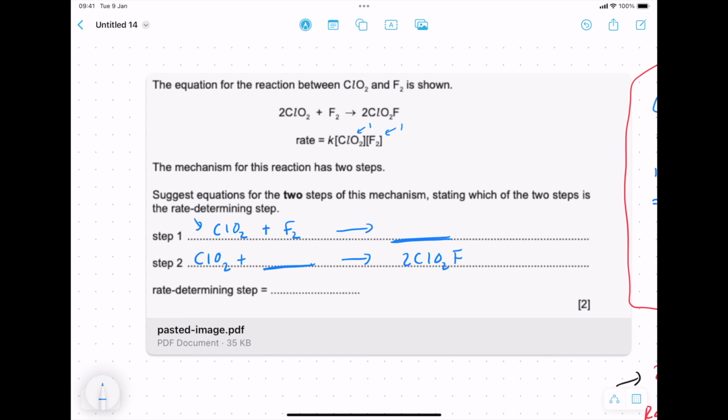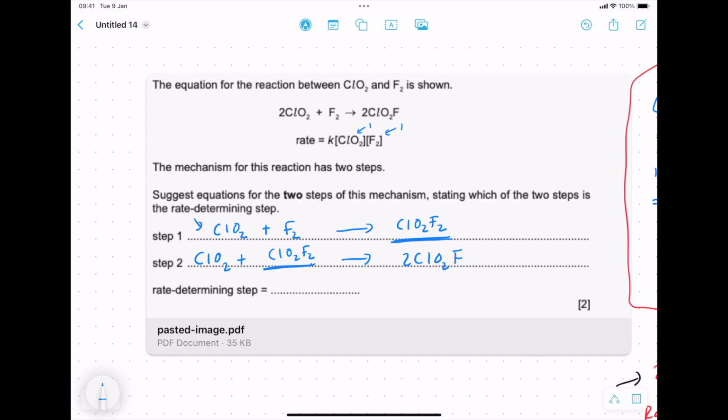So maybe in this first one, the ClO2 reacts with the F2 and it just forms a molecule where they're stuck together as just one thing. So it could be just ClO2F2, whatever that looks like. That would be the intermediate. And then that intermediate is what reacts in the second step, with ClO2, to produce the product.